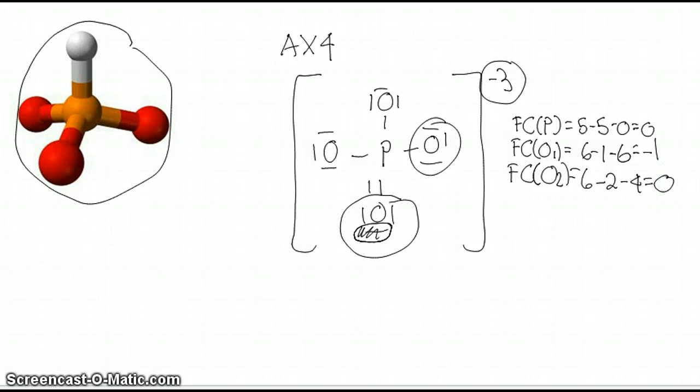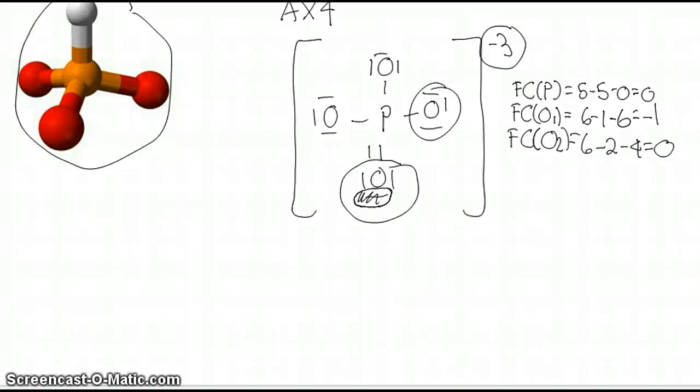Then, to explain this, we take 5 valence electrons brought in minus 5 bonds minus 0 non-bonding electrons for phosphorus, which will make this formal charge 0.